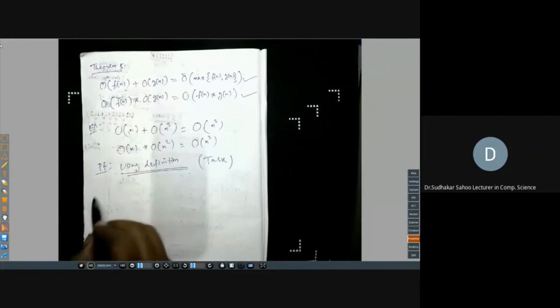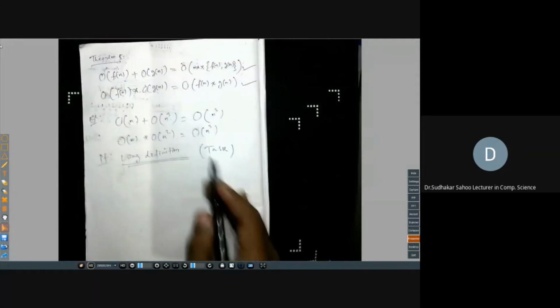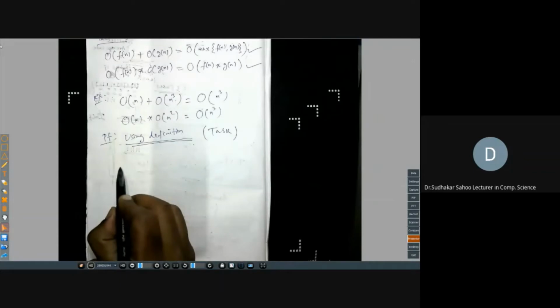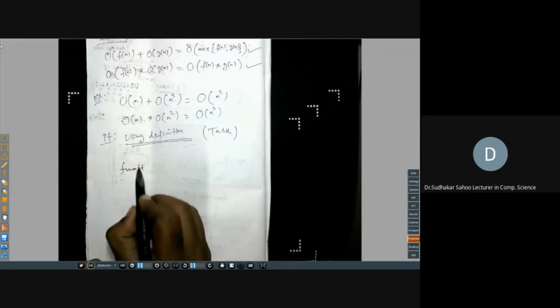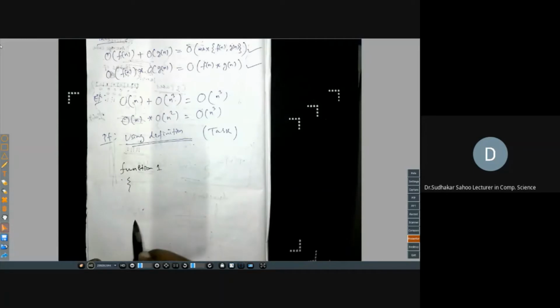And one application I also told you. Suppose one module you have written, function 1, is big O n square, and function 2 is big O log n. Suppose this is my total algorithm. Then what is the time? One way is to find the time of every step and then add.